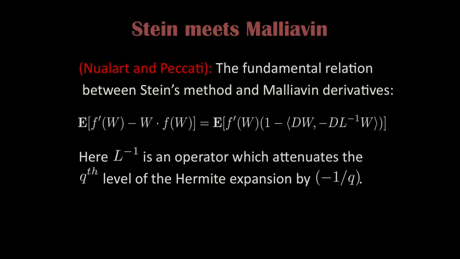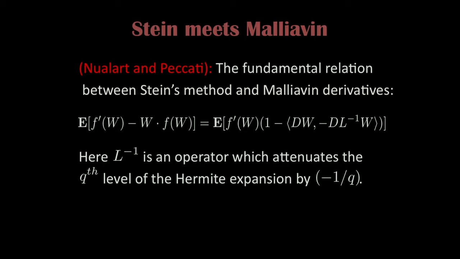Expectation of f prime W minus W f(W) equals expectation of f prime W times this quantity: 1 minus the inner product of DW and minus DL inverse W.